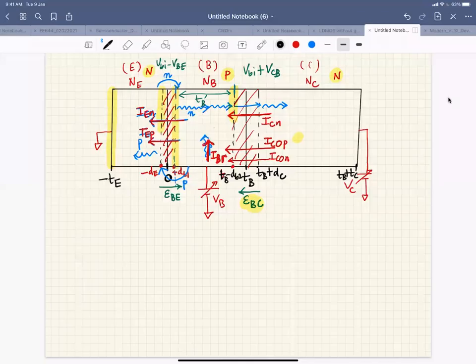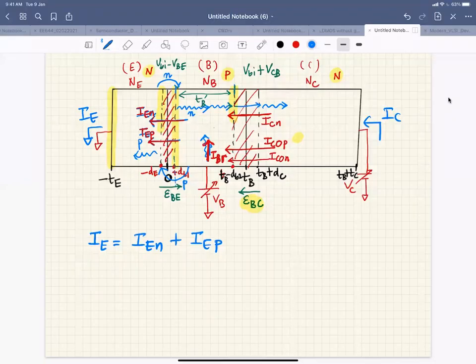But looking at the terminal current, the emitter current will come out, because IEN and IEP are in the direction from base to emitter. So I could write IE, your emitter current, is nothing but IEN plus IEP, right? Emitter current because of electrons and emitter current because of holes.